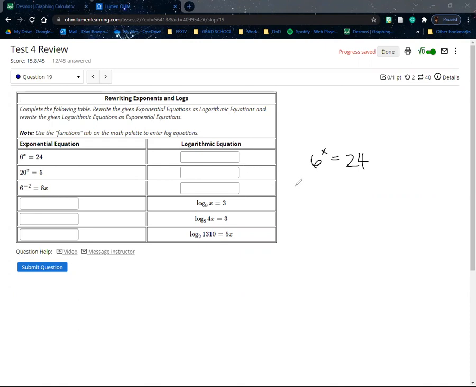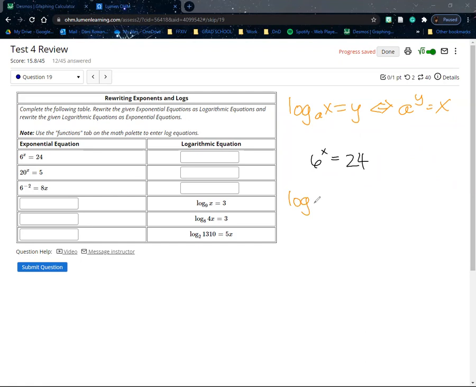But we have that golden rule. Is log base a of x equals y is the same thing as what? A to the y equals x. Right. So let's use it. So what's our base a?